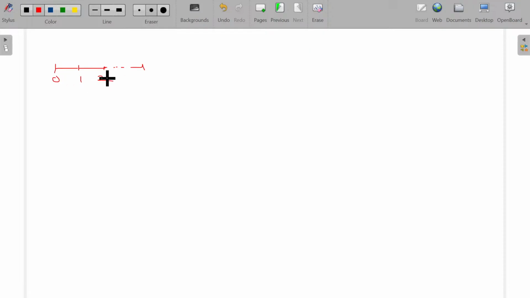0, 1, 2. If I keep on investing, getting the P value, where S is this one, for the I, for an infinite period. How can we calculate?